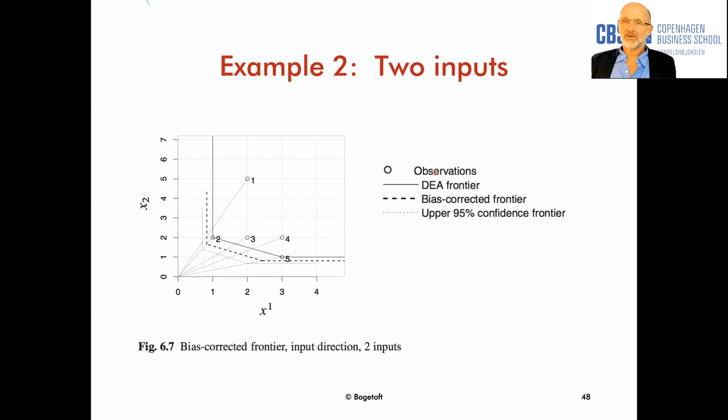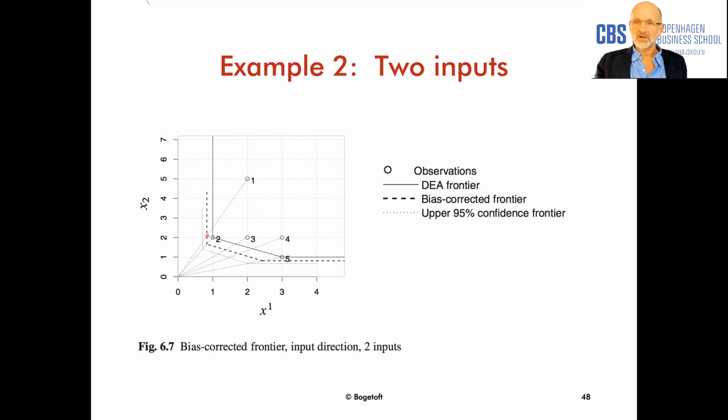You again have the observations. You create the original DEA one here. And so evaluated to that, you get the original efficiency score. If you bias correct, you get a smaller efficiency score because you can go down there.